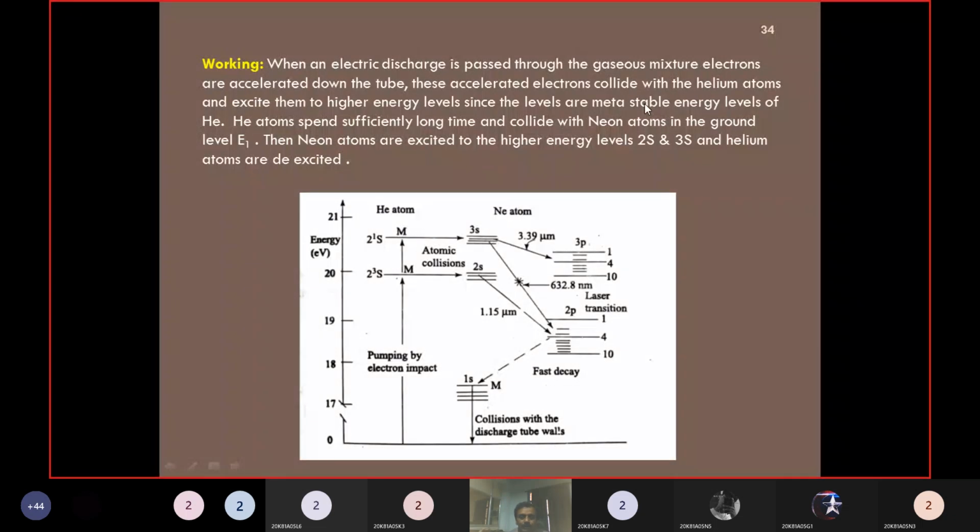Those electrons move from one side to another, that means those electrons are accelerated. Accelerated electrons collide with helium atoms. If the electrons collide with helium atoms, what happens? Those helium atoms go to the excited state.